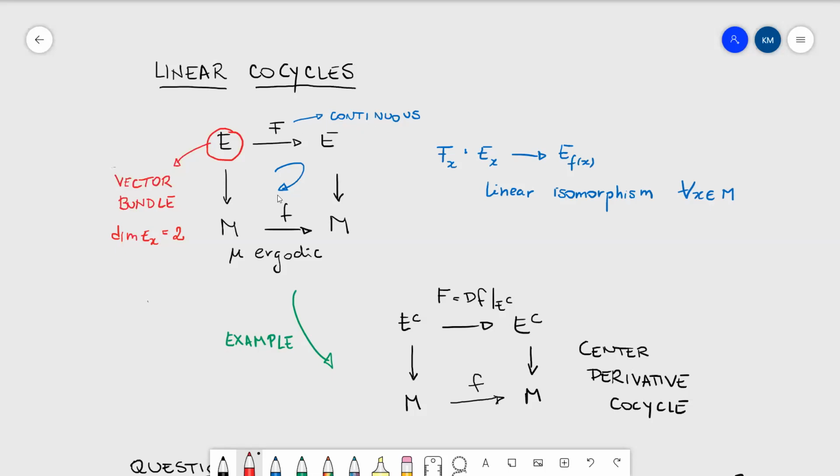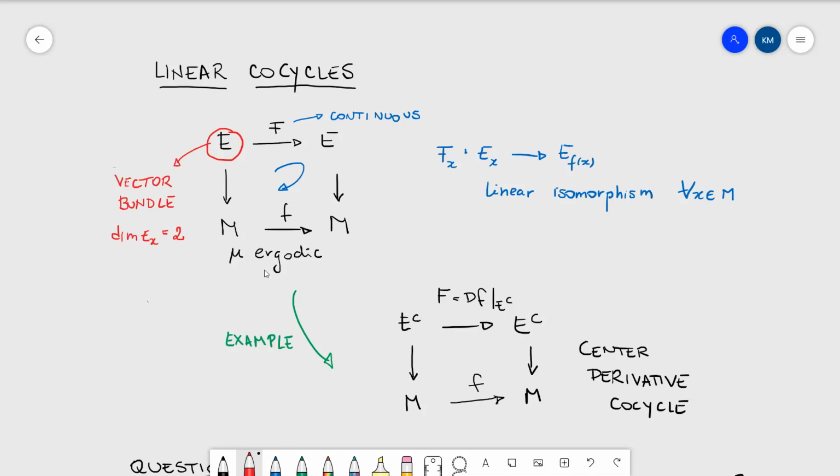I'm asking for this diagram to commute. And the action of F in the fibers is given by linear isomorphisms for every fiber. And as before, I'm fixing a baseline measure that is ergodic.